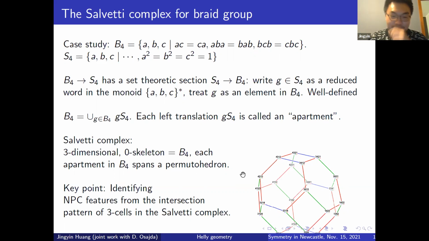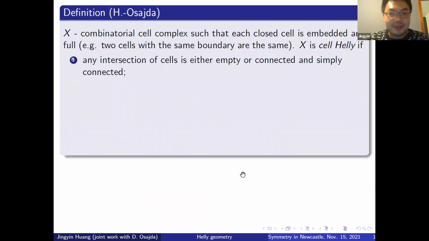So now I want to define what I mean exactly. This definition was designed to describe how these 3-cells intersect in the Salvetti complex. So I take a combinatorial cell complex such that each closed cell is embedded and full. This is just some technical condition. You can ignore it.